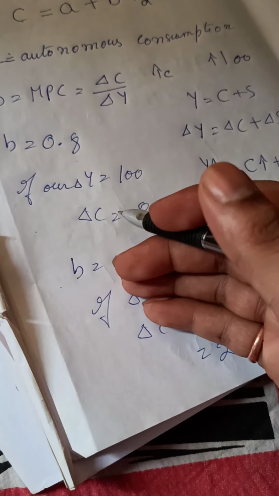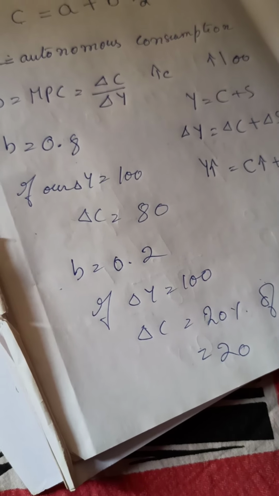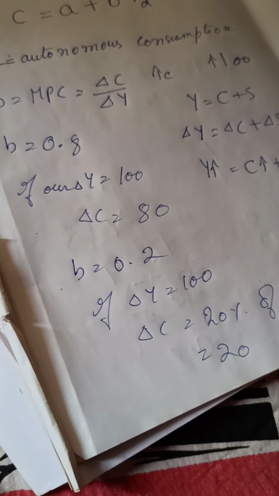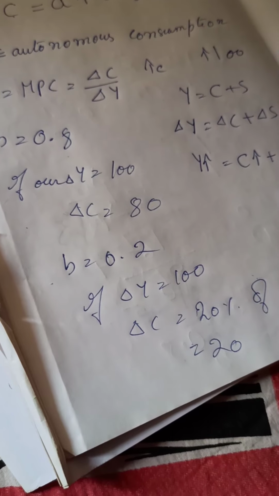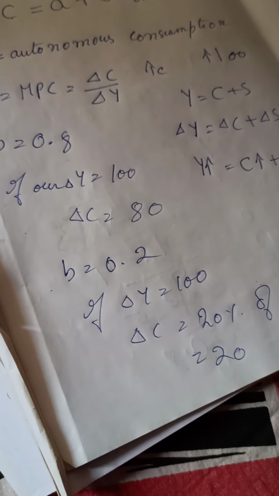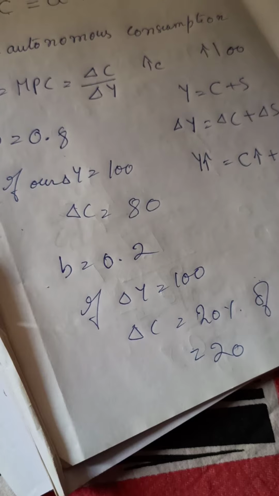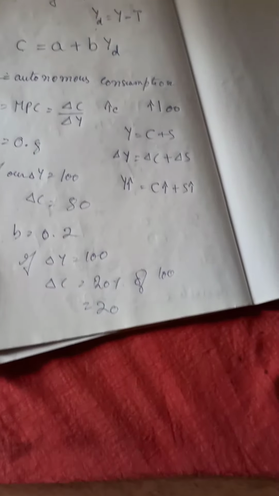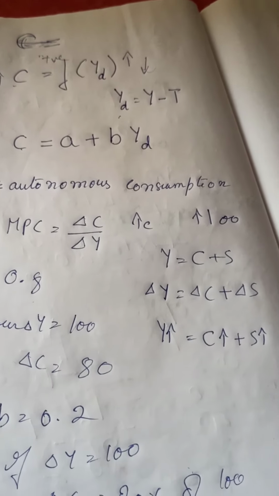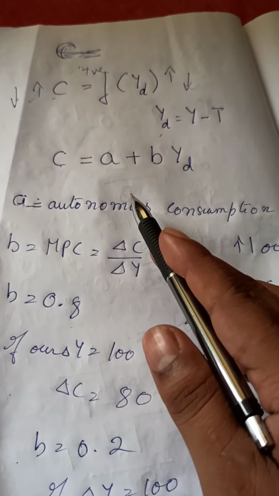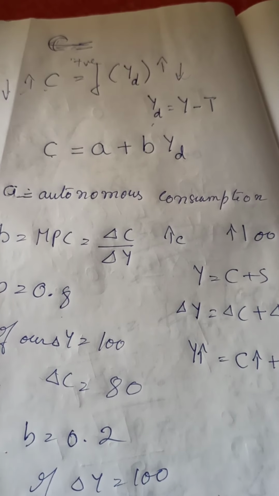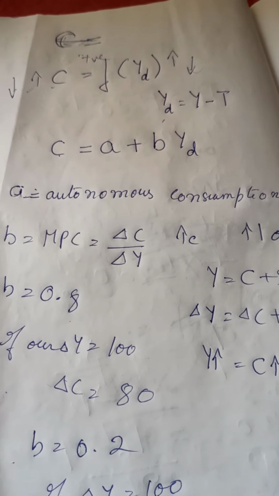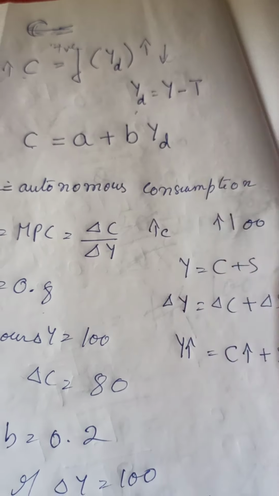Similarly, if your income is increasing by 100 rupees and your B is 0.2, that means you are consuming 20% of your additional income, and your consumption changes by 20 rupees. So B basically tells us what proportion of our additional income we are consuming, and this A amount basically shows the level of consumption when we are earning zero income.